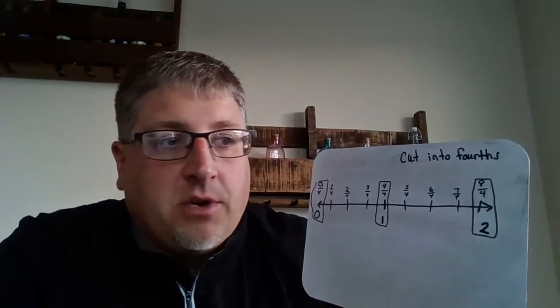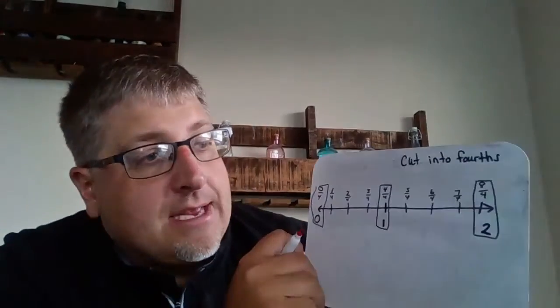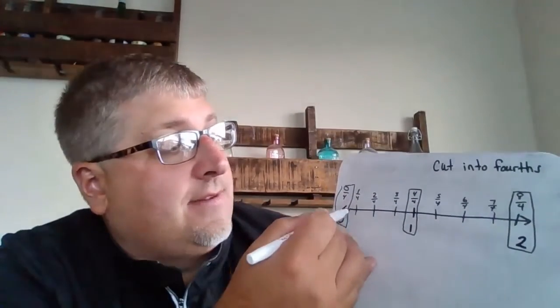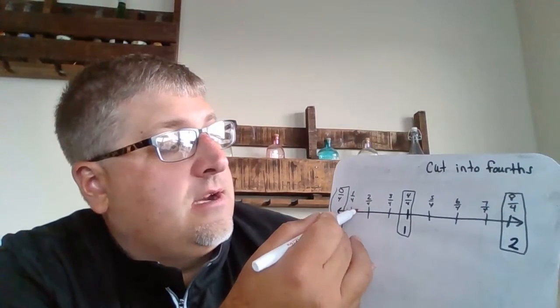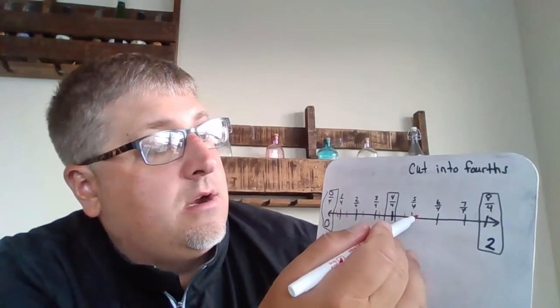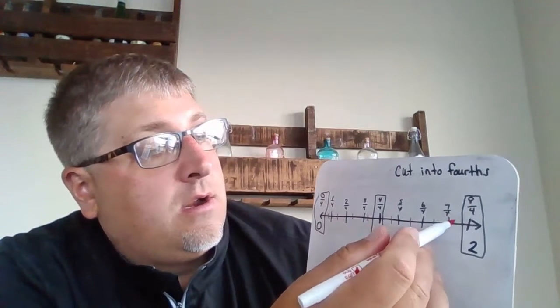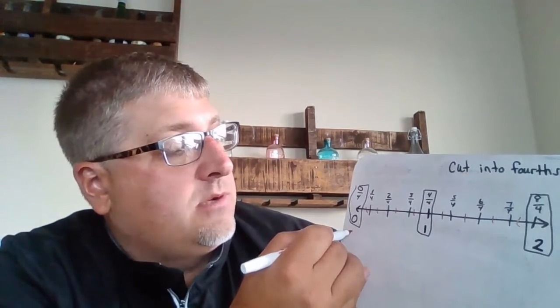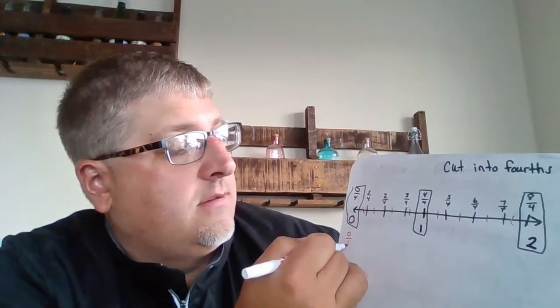Now, if I wanted to, which I'm going to demonstrate right now, I'm going to give another slice here, and I'm going to break this into eighths. I'm going to put a slice in between everything right here. Okay? So right now we know that this right here is going to be 0 eighths.